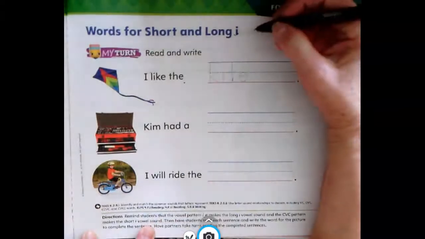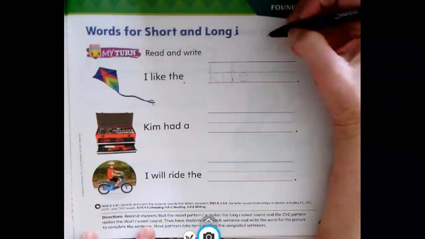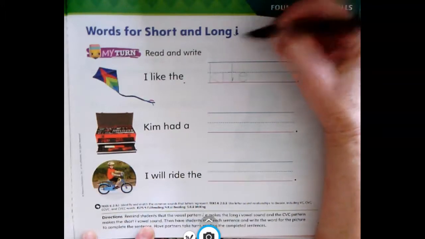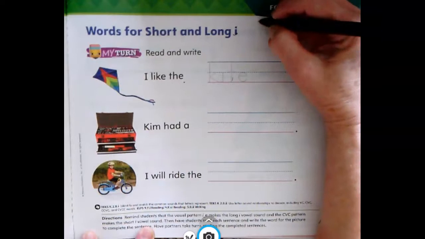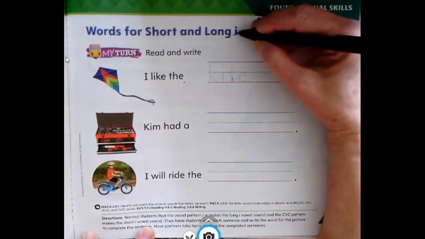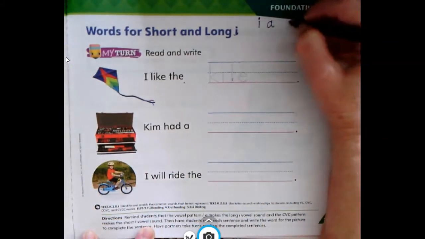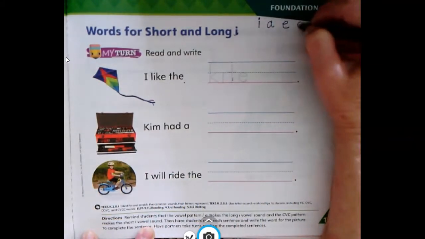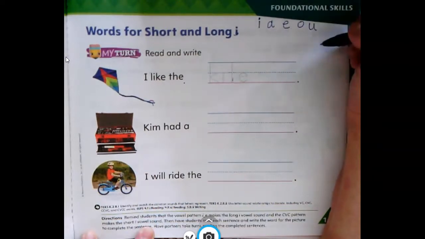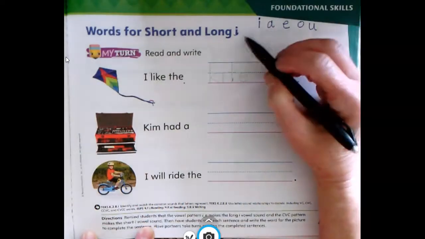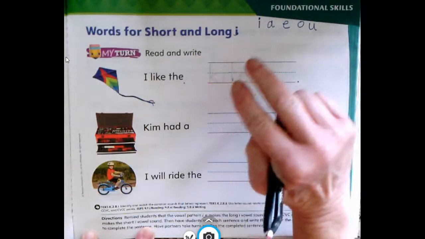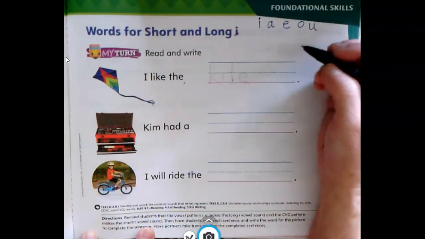Now, for a review and to remind you, when we're reading words with vowels, remember our vowels are the letters I, A, E, O, U. These are our vowels. So when we read words with vowels, we have two different patterns that we've been practicing.